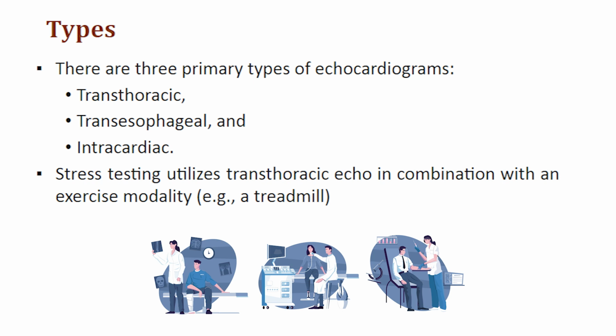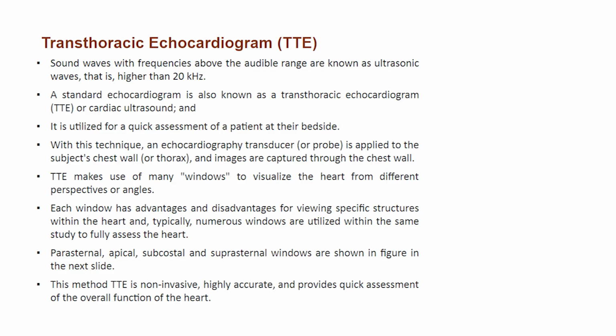Stress testing utilizes transthoracic echo in combination with an exercise modality, for example, a treadmill, and resulting image is called stress echocardiogram. Now, I am going to explain transthoracic echocardiogram, that is TTE.